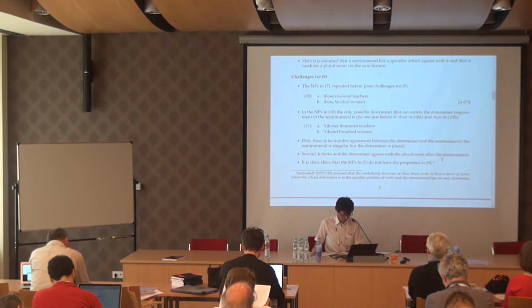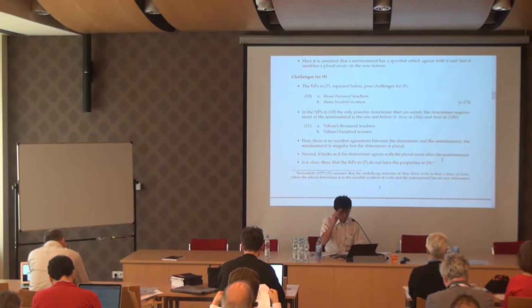In 10A, it appears that those agrees with teachers, not 1,000, and in 10B, these agrees with women, not 100. So it is clear that the seminumerals in 10 don't have the properties in number 9.